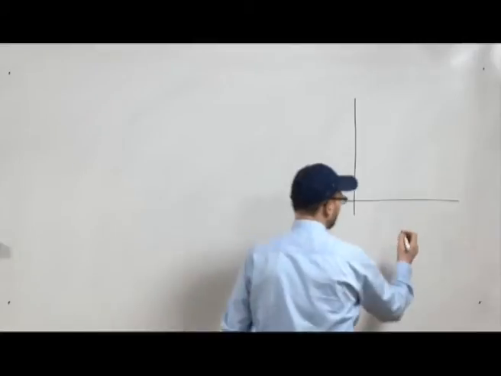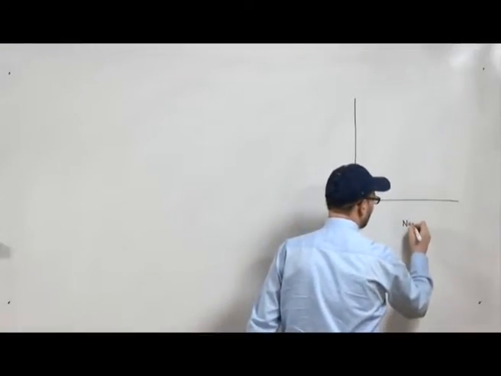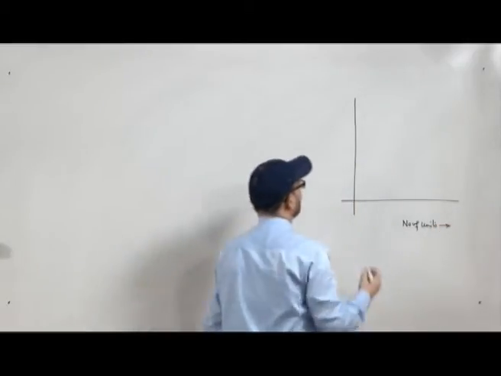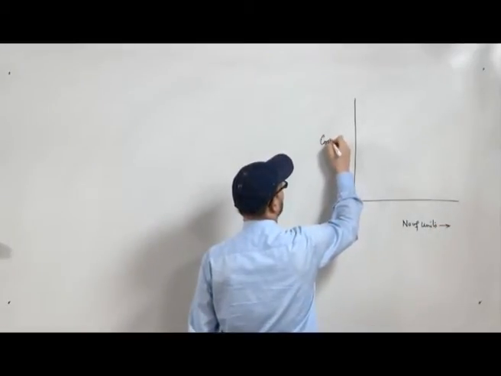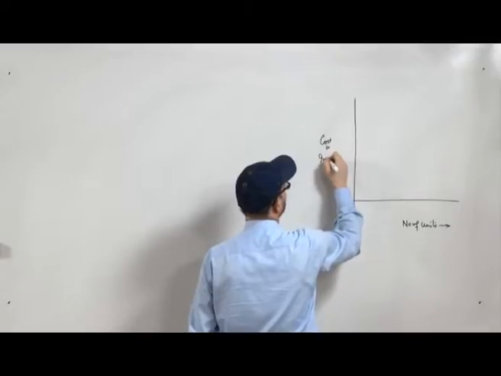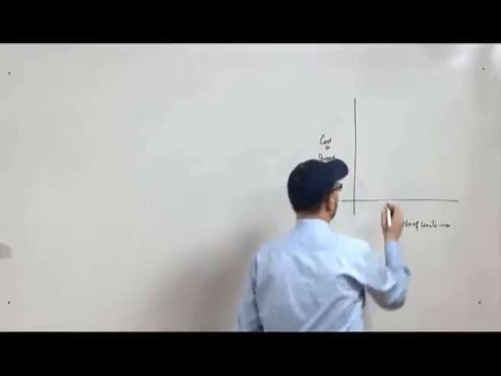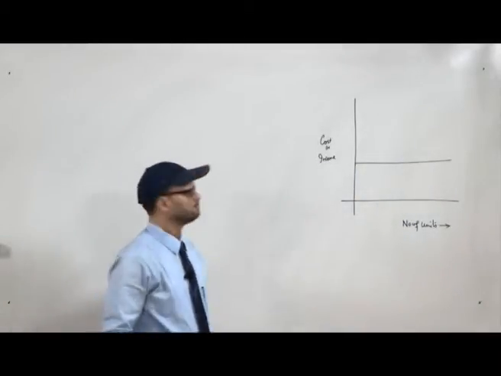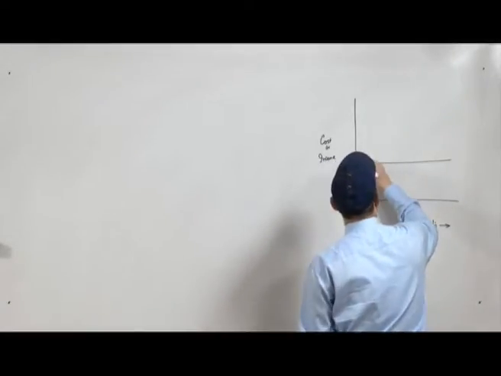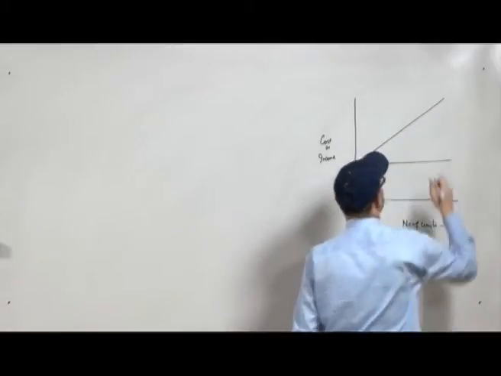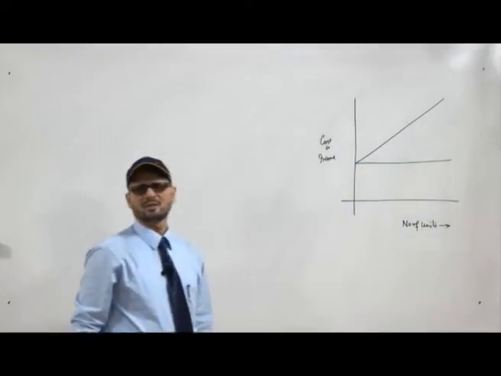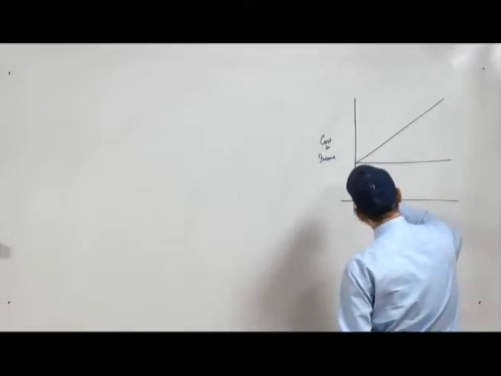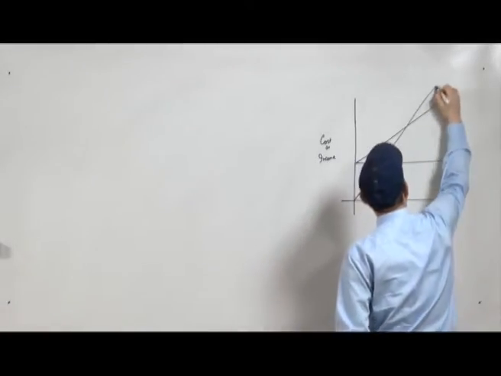So, if this is the number of units produced and this is the cost or income, in that case there is a fixed cost line and also a variable cost per unit line. Now, we have an income line which goes like this.